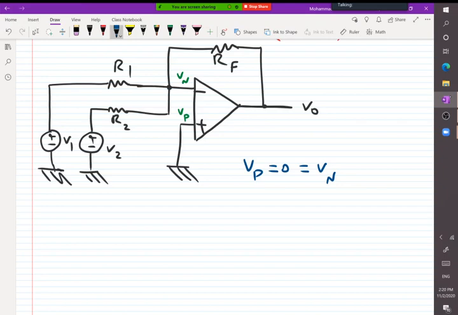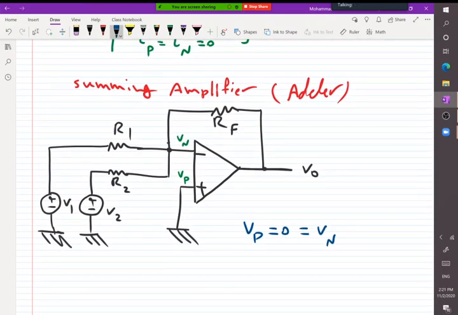So Vn is also equal to 0. Now that Vn is equal to 0, the next step is we write KCL for this node. It's very important. So one of the nodes has a known value, and for the other node we write the KCL.